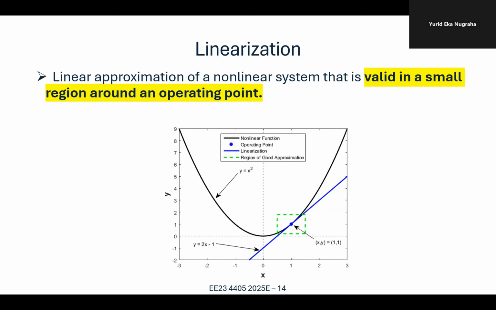We have the nonlinear function y is x squared. There is a point called the operating point. This operating point here is the point where the system is working, right?